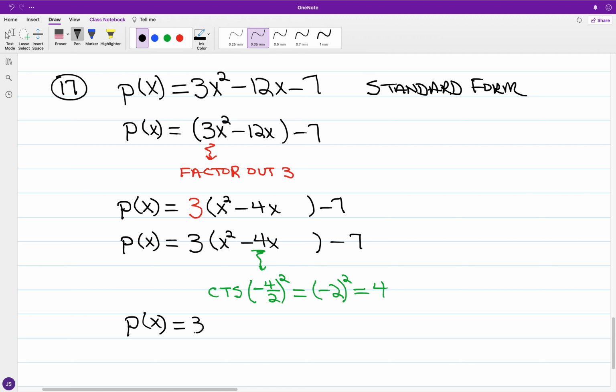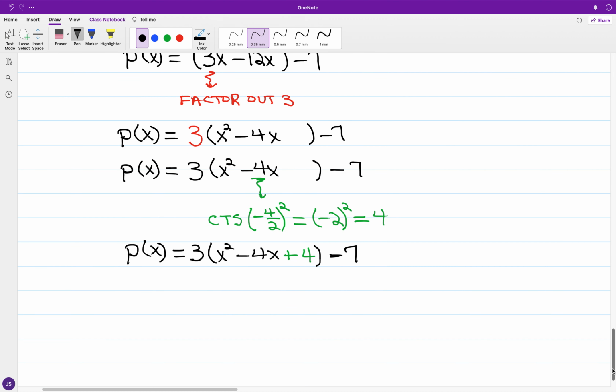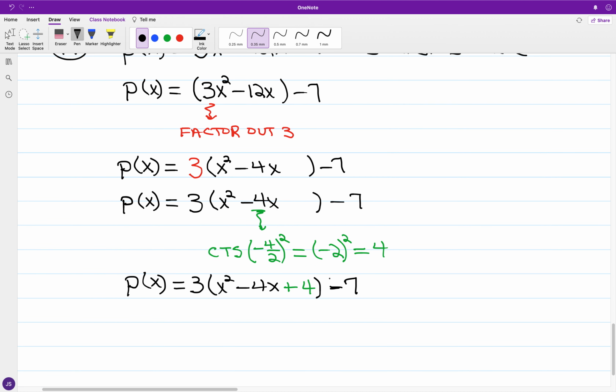So here I'm going to have 3 times the quantity x squared minus 4x, and I'm going to add 4 inside the parentheses. Now I'm going to create a balance. As I'm adding 4 inside the parentheses, I'm not adding just 4, I'm actually adding 3 times 4.